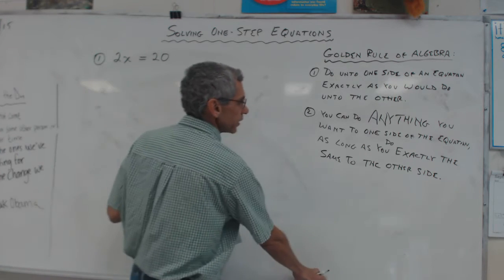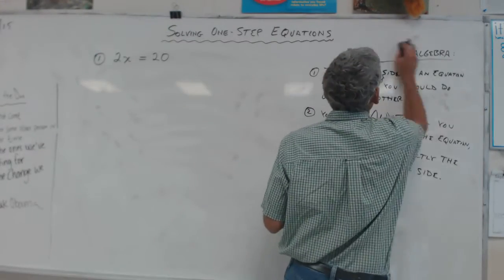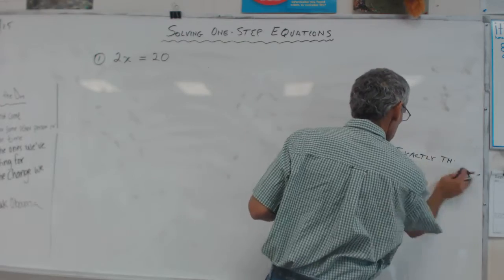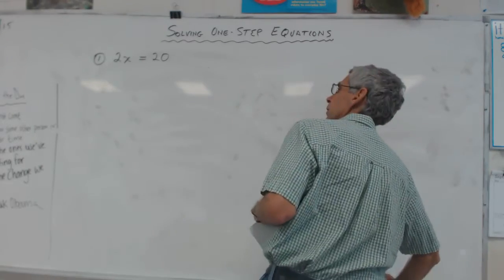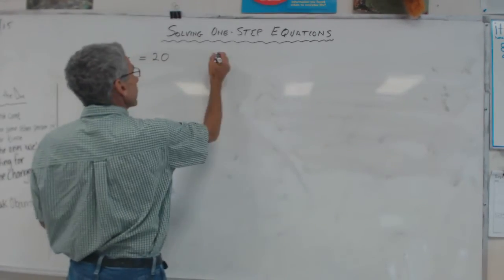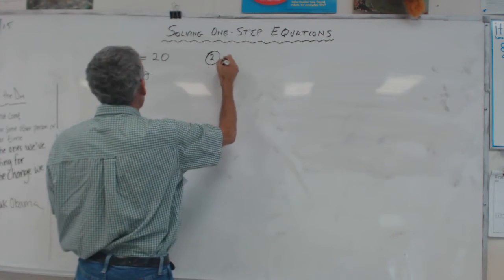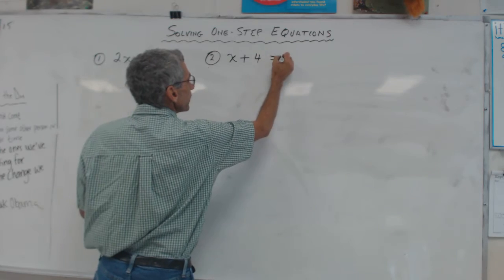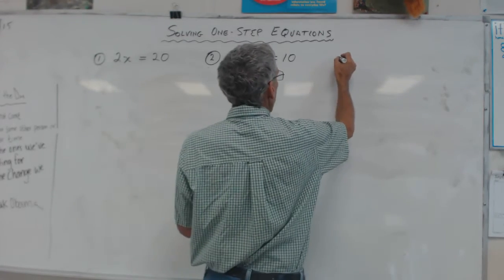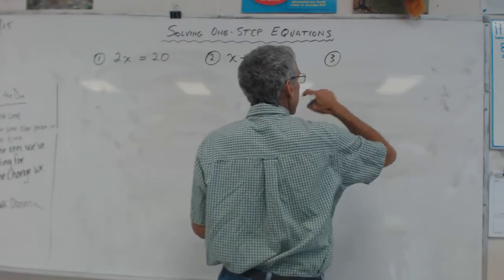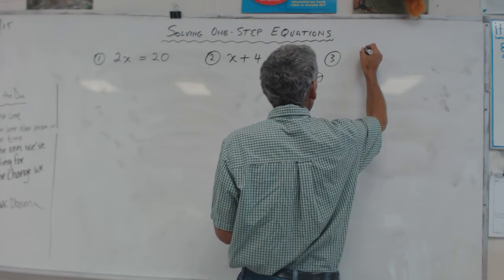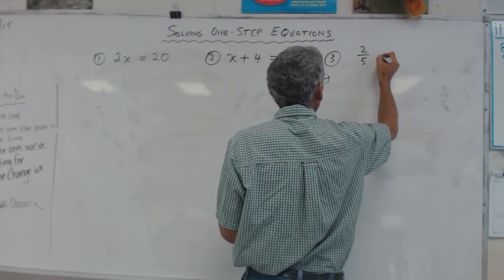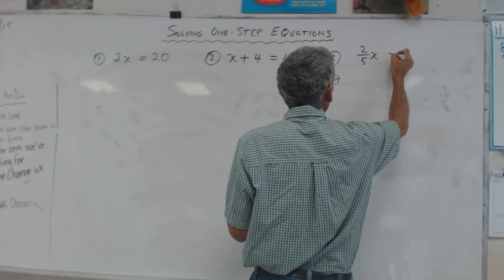So there's 3 types. Can I erase this mess? Is that okay? I just want to use my whole board now. There's one kind of problem like that. We have another problem like this, x plus 4 equals 10. And a third problem like this, 2/5 x equals 10.